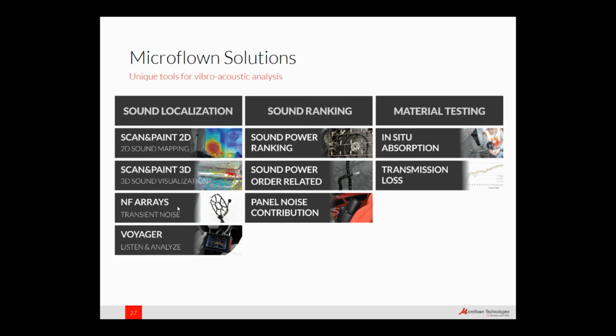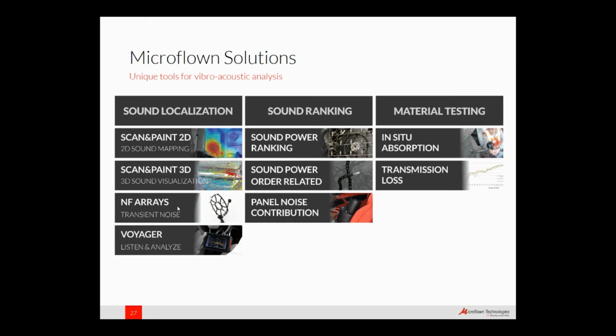As you saw on my slide before, if you want to get sound intensity, you multiply pressure and velocity. But if you want to get acoustic impedance, which you can use to calculate absorption, you divide the sound pressure by the particle velocity. So having a sensor that can measure both those quantities can be helpful to do in situ absorption measurements, as well as transmission loss.